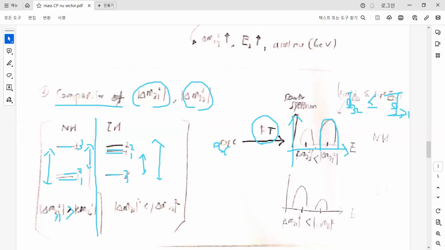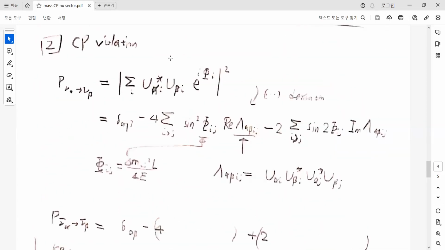So in the normal hierarchy case, M31 is located in the high frequency. So in the normal hierarchy, the higher peak appears in the highest energy, but in the inverted hierarchy, delta M31 is smaller than the M32, so the higher peak appears in the low energies. So we can determine which one is bigger, M31 or M32, and we can determine the sign of M31.